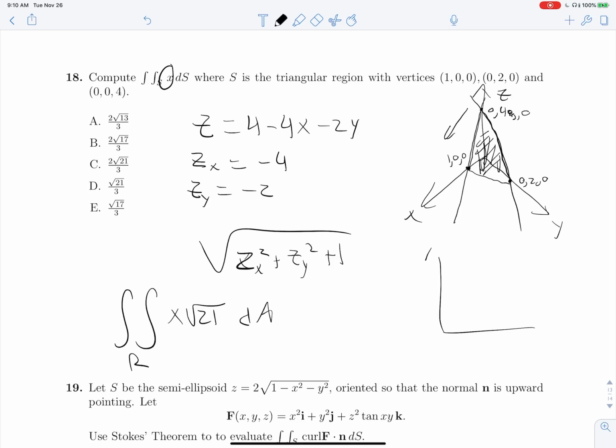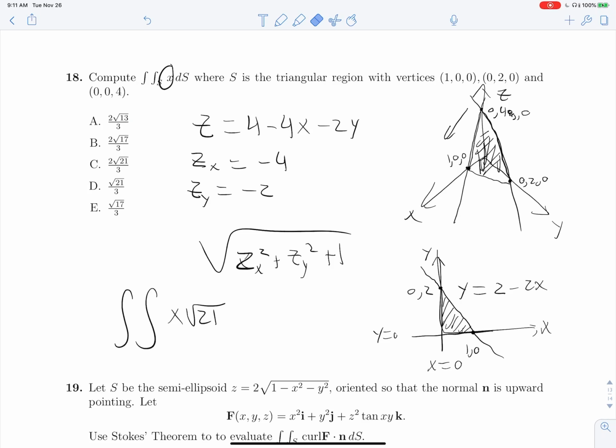We have our y-axis and our x-axis, and we know that our x-intercept is at 1, 0, and our y-intercept is at 0, 2. And so the lines that define our region here are going to be x equals 0, y equals 0, and y equals, well, let's see, it's going to be 2 minus 2x.